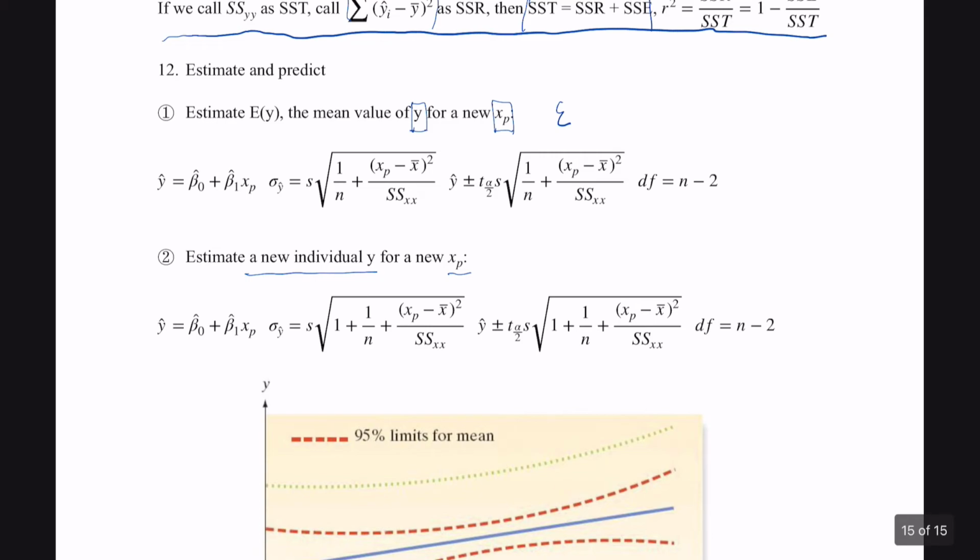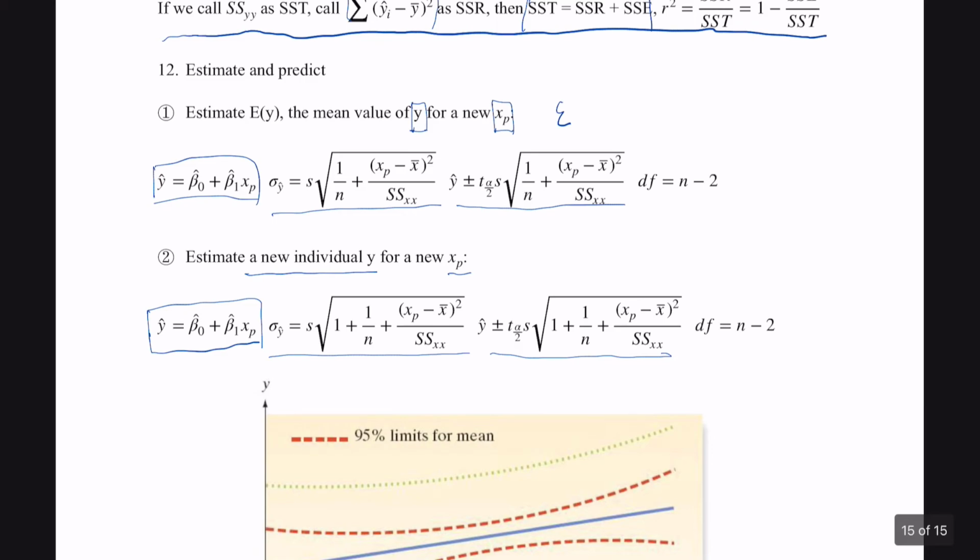So in these two scenarios, you have two different sigmas. This is how you calculate the confidence interval. But pay attention, you have the same point estimate, because no matter what y you are estimating, you only have this line.